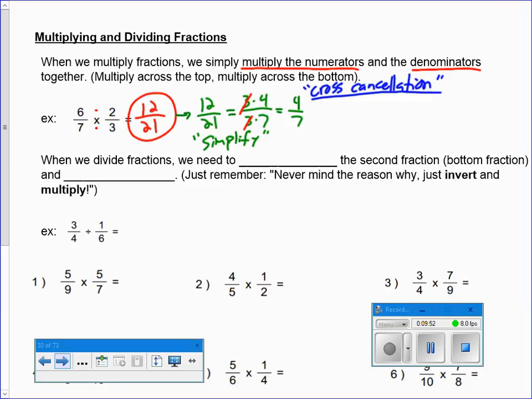If we use the same problem here, what I can do is look for any opposite pair, a numerator and denominator on either fraction, that will simplify with each other. So I see where I have 6 and I have 3, right? I know that the fraction 6 over 3 equals 2.